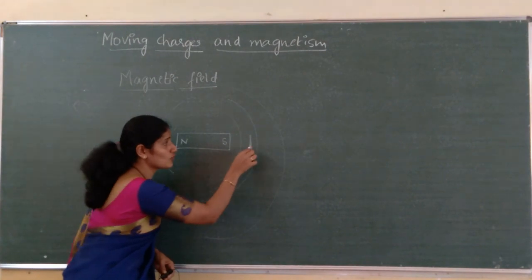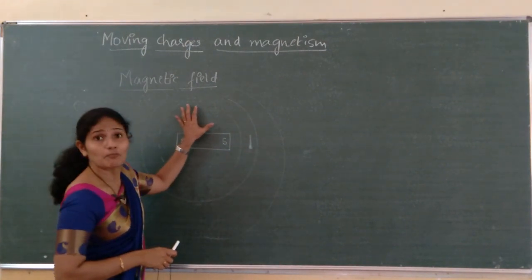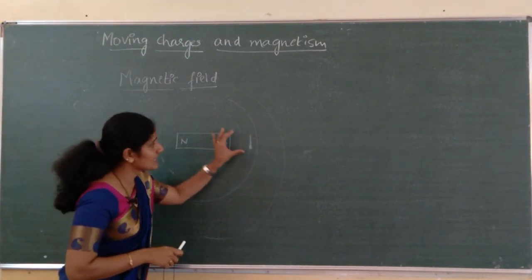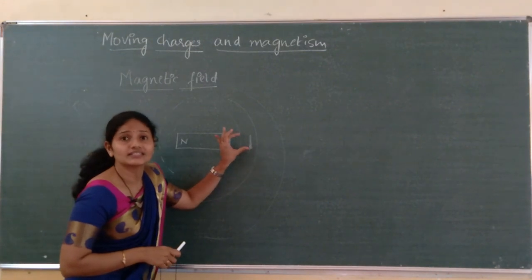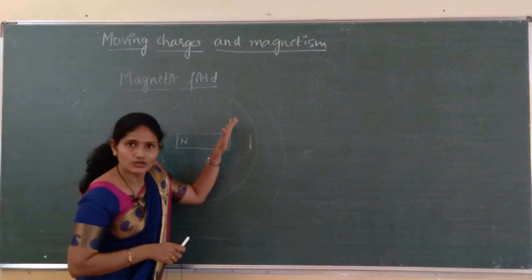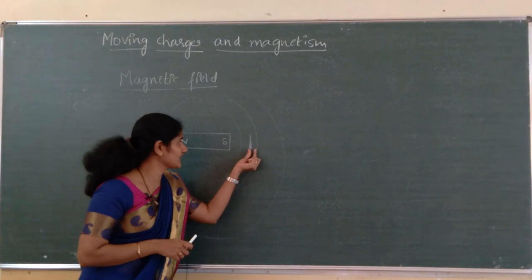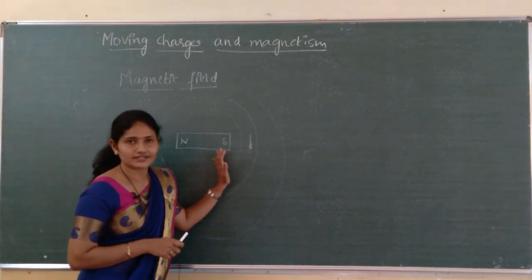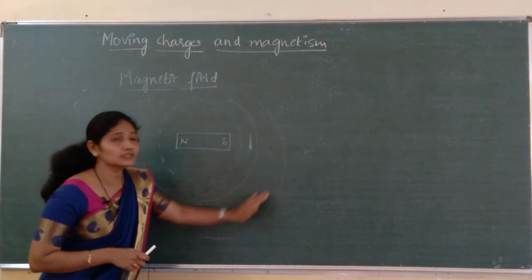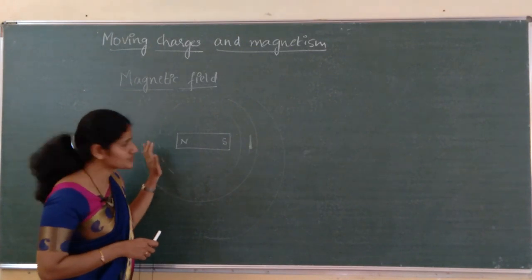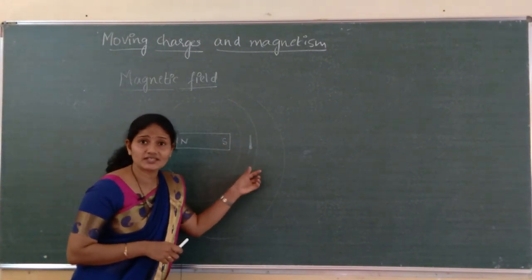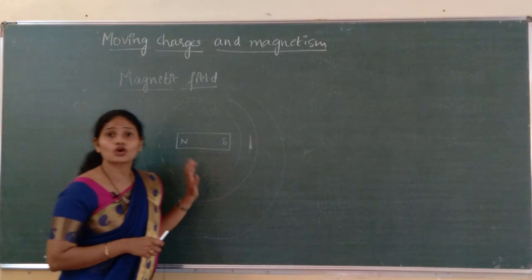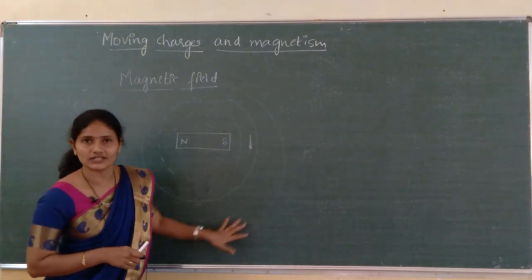Who is exerting force on this nail? This magnetic field is exerting force on the nail. Due to that force, the nail is attracted towards the magnet. So, the space around the magnet in which an object experiences that effect is called magnetic field.